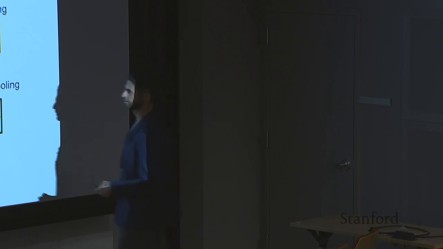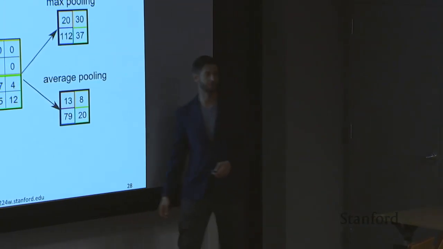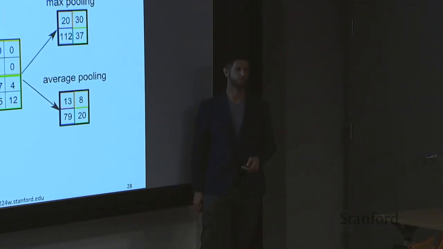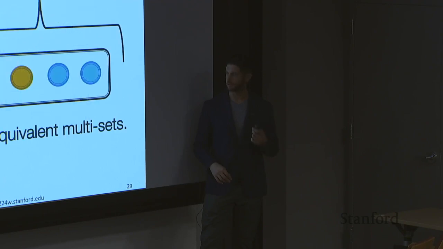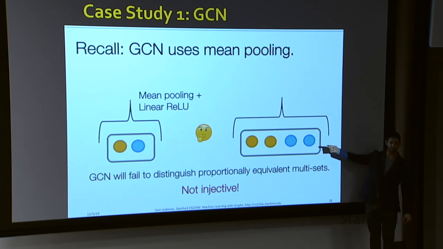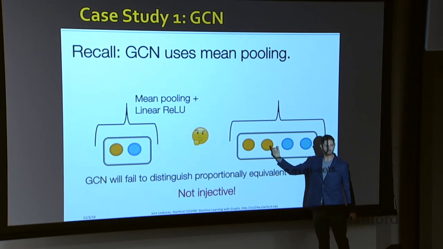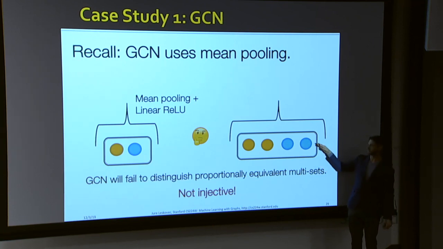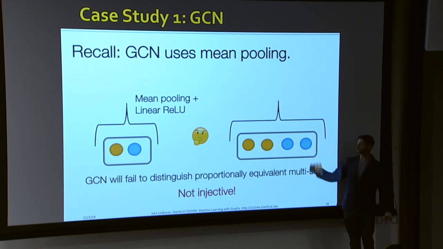So you can just change the number of neighbors and adjust the sum such that the average remains the same with a different number of neighbors. Perfect. The solution is the following: you keep the proportion exactly equivalent to the previous multiset, and you can keep on adding copies of the same nodes. That's the easiest way in which you can fool a GCN.